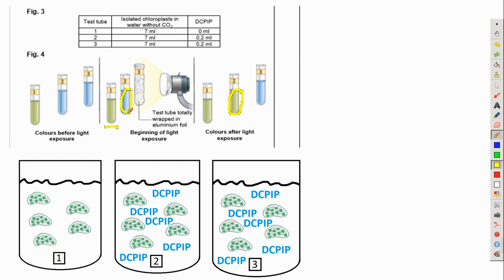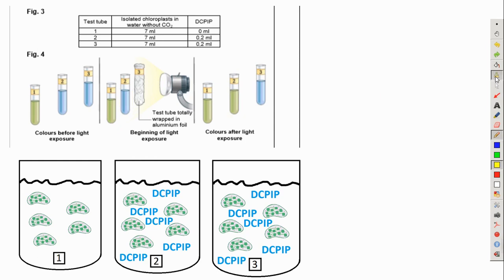And tube 3, it wasn't exposed to light and it stayed blue. So we can clearly see that light has an impact. The only difference between tubes 2 and 3 is the presence of light, and we can see that in the presence of light there has been a change in colour from blue to green.